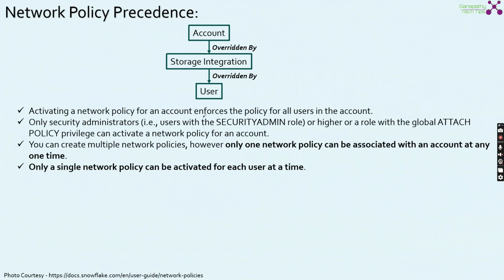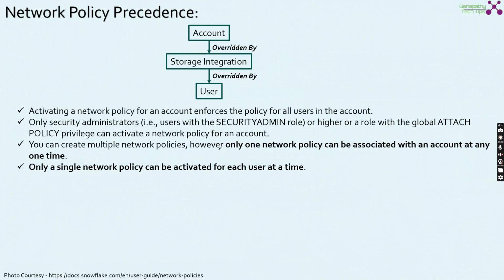Attaching a network policy to an account enforces the policy for all the users in the account. As simple as that, it's a top down approach. Whatever is associated with the account, if you attach a network policy to that specific account, it will be applied to all the users. Only security admins, meaning the security admin role or a higher role that has the attach policy privilege, can activate a network policy for an account. This is another important thing to know.